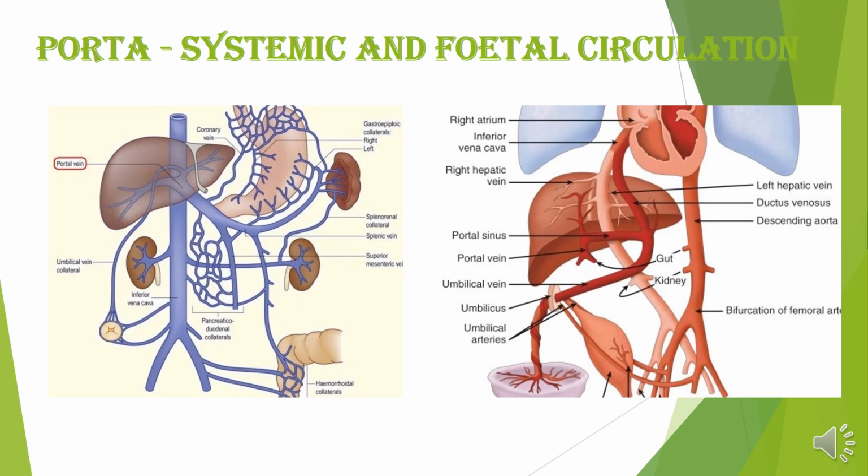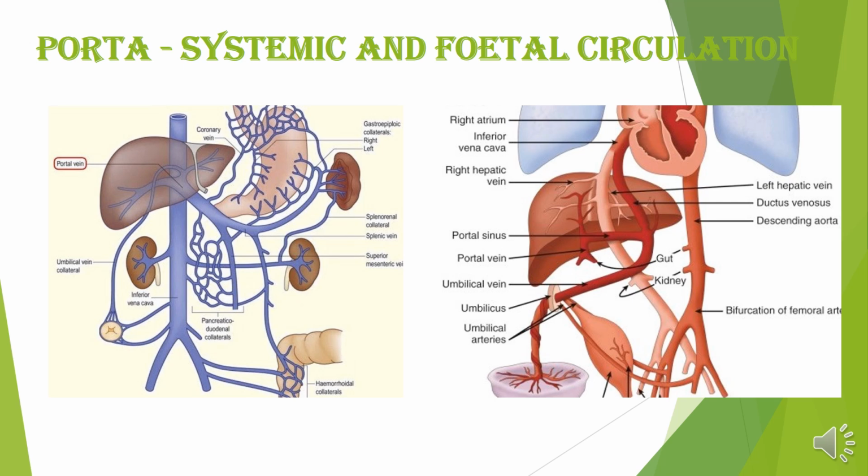It is very interesting to know that fetal circulation plays a very important role in case of portal hypertension. So how does it happen? See, this is a diagram of fetal circulation. This is the umbilical vein which drains fresh blood from the placenta, which meets the left branch of the portal vein, and through the ductus venosus, this meets the inferior vena cava and drains into the right atrium.